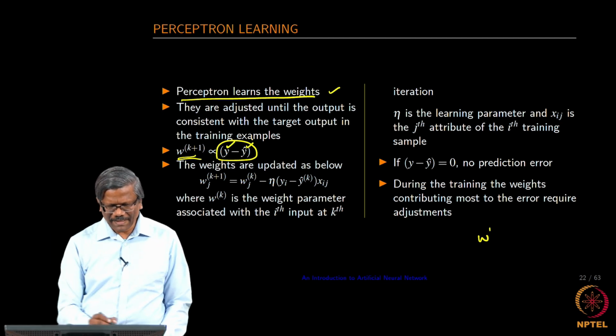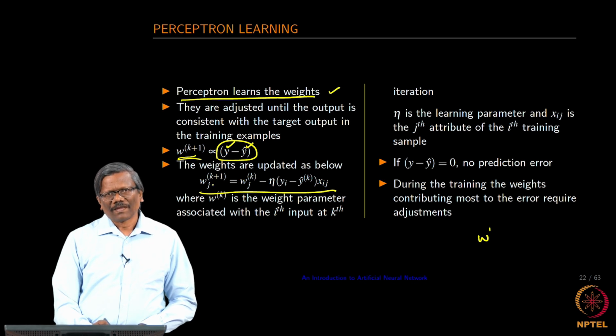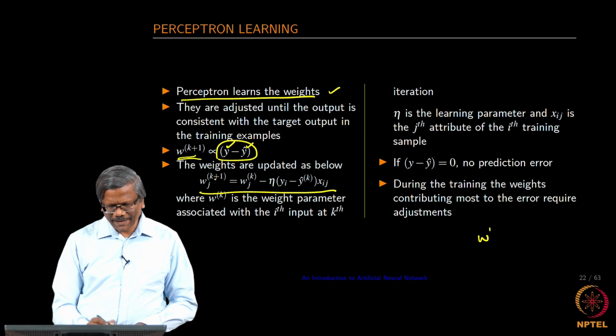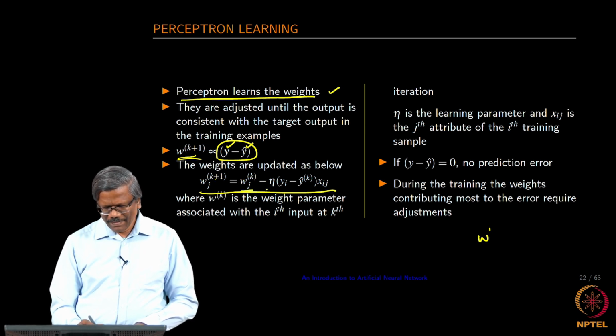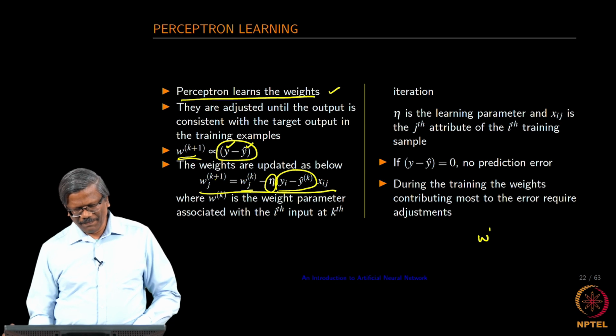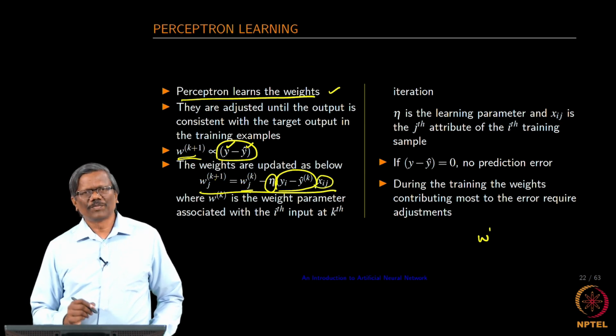So, intuitively you can very easily say that the new weight is given by the old weight, and there is one new parameter that I have here, and here we have the error and the input that is connecting.